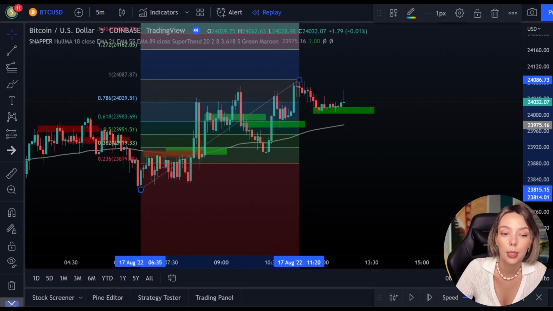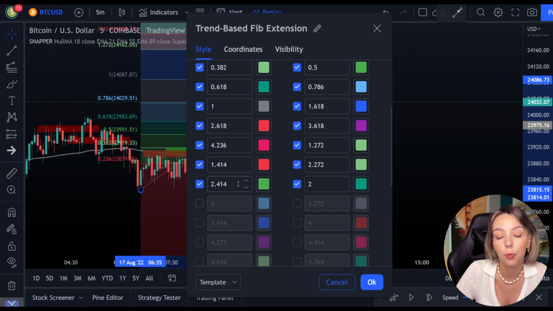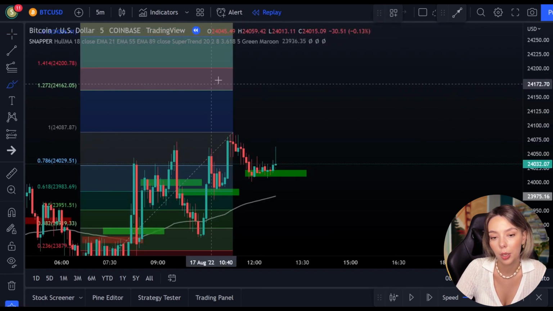By the way, you need to access the settings on the Fibonacci and enable these numbers up to 2.41, 4 and 2. Okay, now we're gonna set our take profit target.